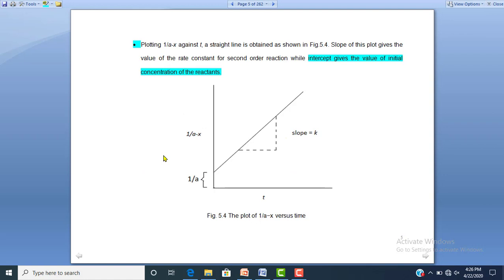If we plot a graph between time and 1 over a minus x, taking time along the x-axis and 1 over a minus x along the y-axis, then the intercept gives the value of the initial concentration of reactants. The slope of this straight line, which is not passing through the origin, will be equal to the constant k.